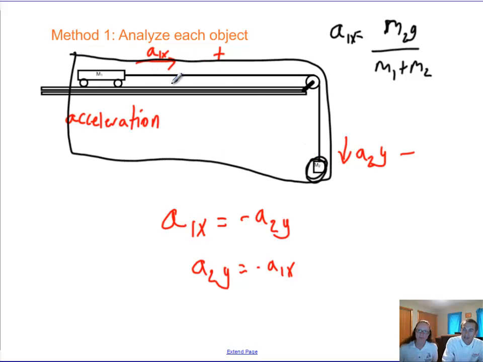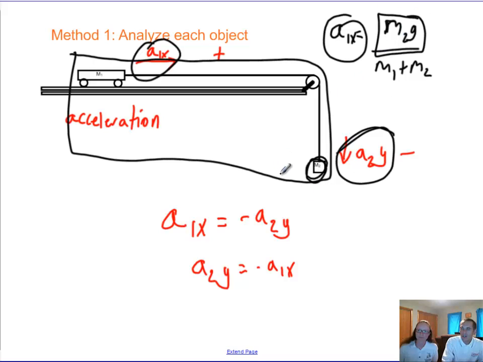Well, this acceleration, that's really the acceleration of the system because we said this and this, they're the same magnitude. And M2G, that's the force that's actually pulling this thing down, making the whole system accelerate. Or the weight of this thing, okay? So what we really have is just Newton's second law. Net force equals mass times acceleration, okay? So that answer makes sense. So we can get the acceleration, okay?